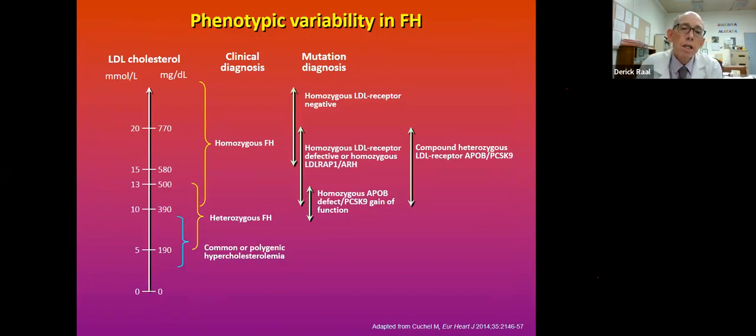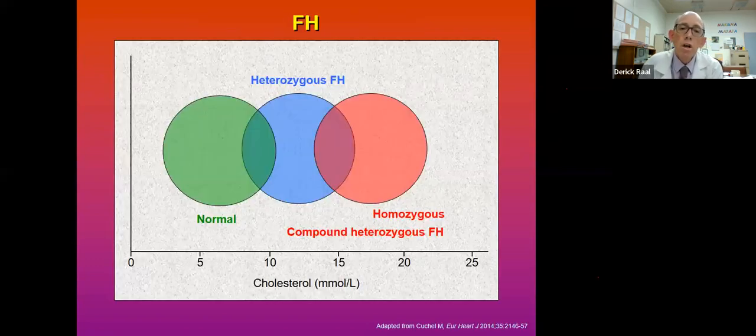In the last 10 years, we've realized that the overlap between heterozygous and homozygous FH is greater than we previously thought. So you can have a heterozygous patient with very high LDL cholesterol levels, and you can have patients with genetic homozygous FH with lower LDL cholesterol levels. That's shown here.